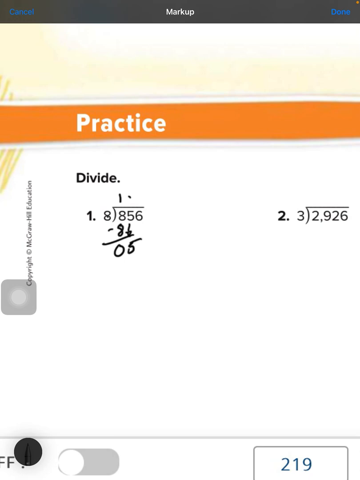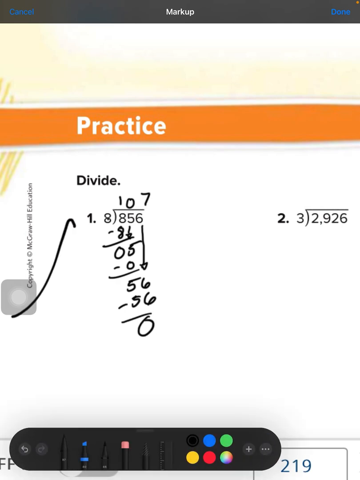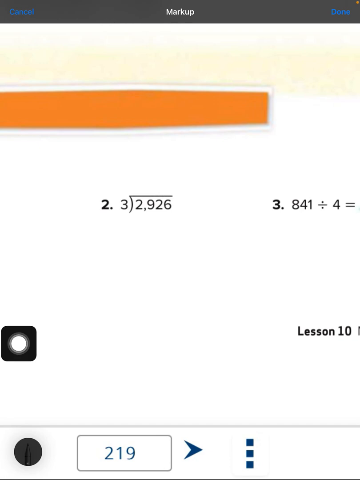Bring the 5 down. 8 will not go into 5, so above the 5 we need to put a 0. 0 times 8 is 0. 5 minus 0, bring down the 5, bring down that beautiful 6. 8 will go into 56 7 times. 7 times 8 is 56. 0. Please make sure you show all your work and that you work all the way through the problem. Okay, number 2.